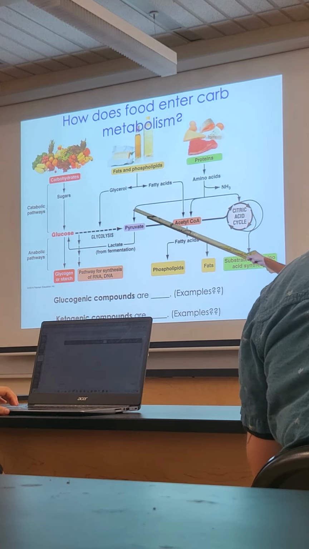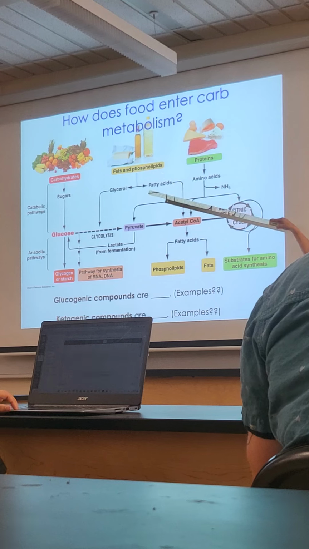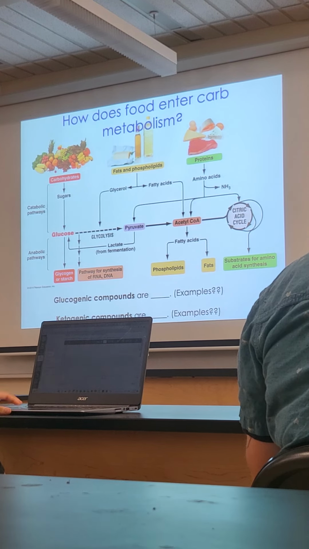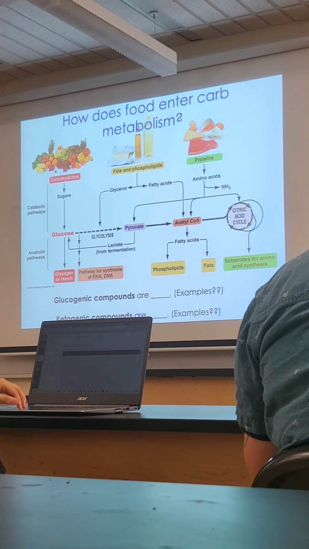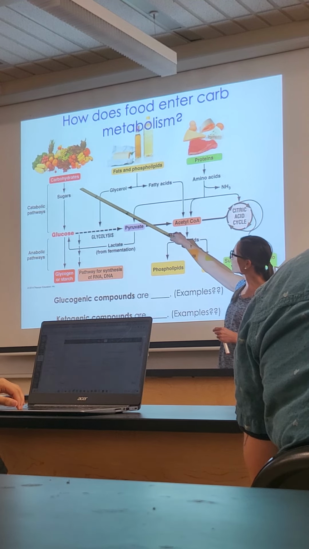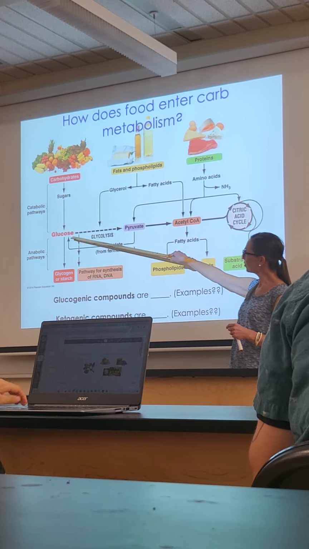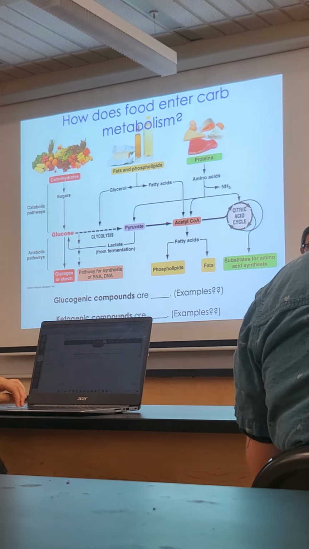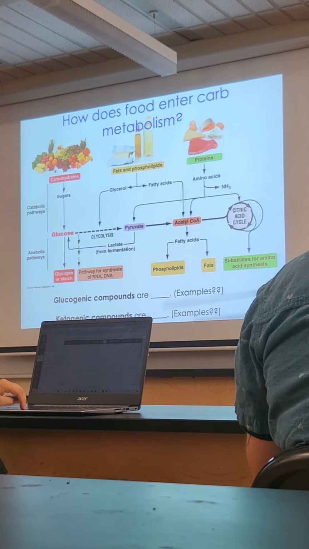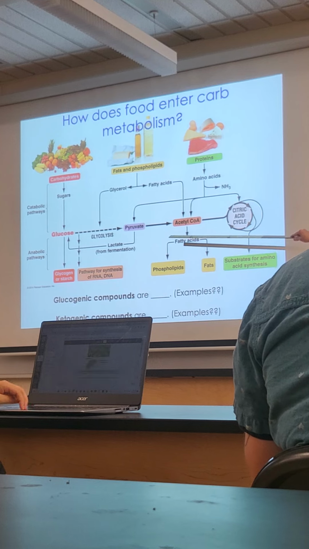And then just so we understand how our food filters into this, we don't just eat glucose, right? We eat lipids, we eat proteins, we eat carbs, simple and complex carbs. Most of the carbohydrates that we consume get broken down into glucose or fructose or one of the other sugars and enter in through the glycolysis pathway.